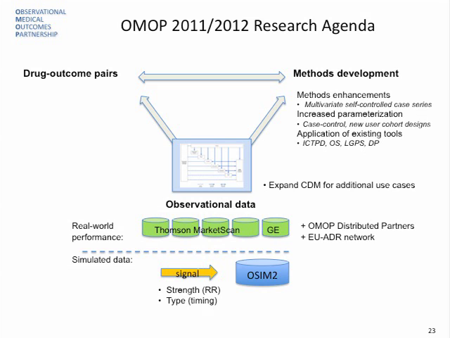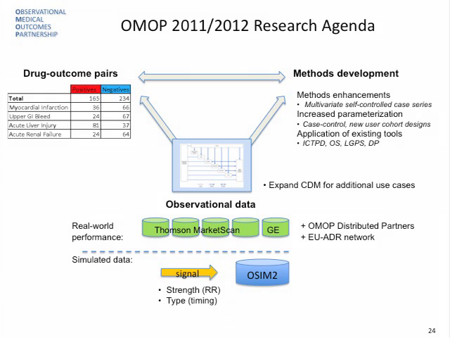And we took the same suite of method implementations, enhanced a number of the methods, along with collaboration from many of you here in the room, including the multivariate self-controlled case series method, increased the number of parameters, the number of options, the number of variants on methods for a variety of the methods, as well as applying existing tools.